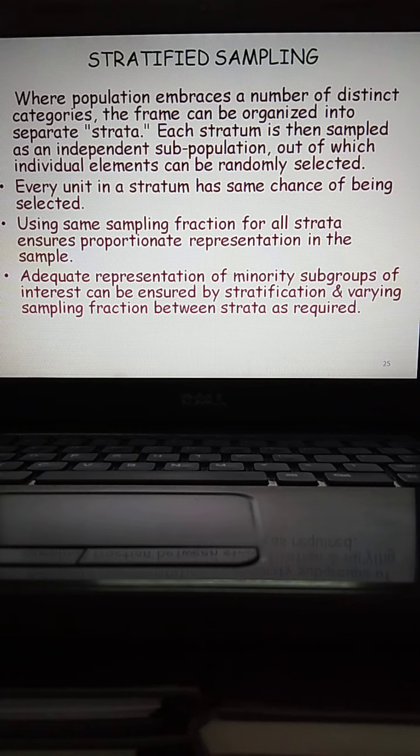Remember, what are the words you got now? Stratum, stratification, strata. A stratum is a homogeneous subgroup of the things. All the strata collectively make up the population. From the strata, the selection of the sample is known as stratification.